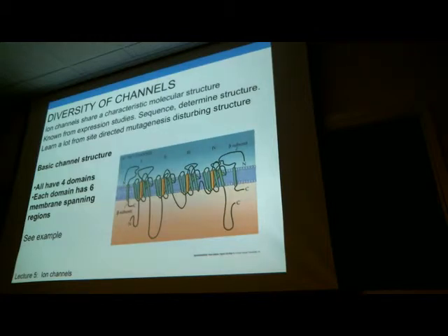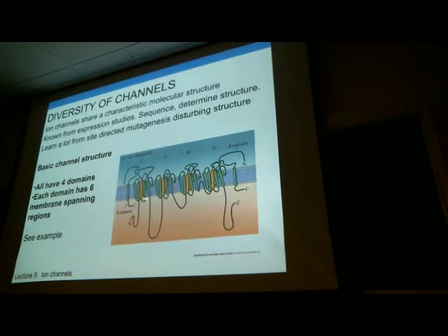These tend to be helices that have the right hydrophobicity, so they go in the membrane, and they tend to have 4 big domains here. Each of these are composed of 6 transmembrane or membrane spanning regions. Okay, so you have 6 and 4, and then they come together to form an entire channel.